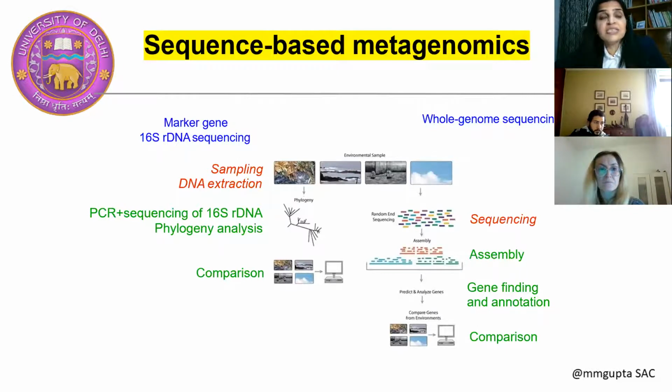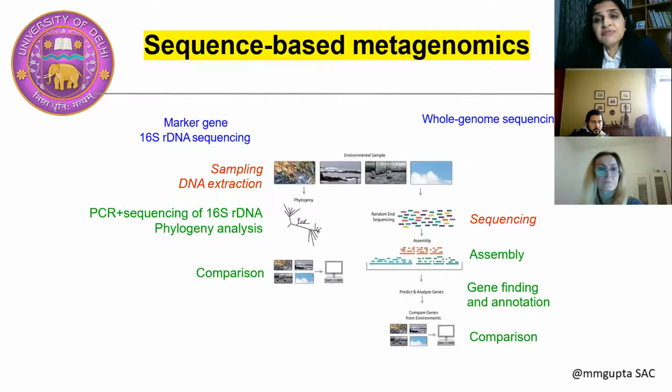In the marker gene sequencing, we use markers maybe 16S rRNA or maybe 18S, depending upon whether it is prokaryote or it's eukaryote. And from one particular environment, we will extract all DNA, we'll amplify this, and then we'll do clustering, classification, we'll make a phylogenetic tree out of this, and then we'll compare and give a name to which particular organisms are present.